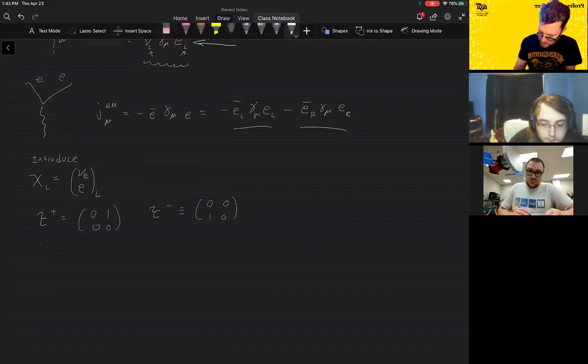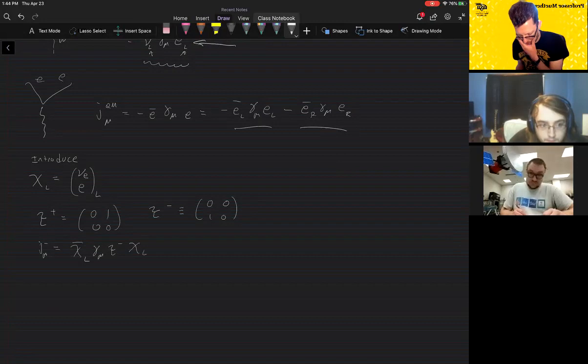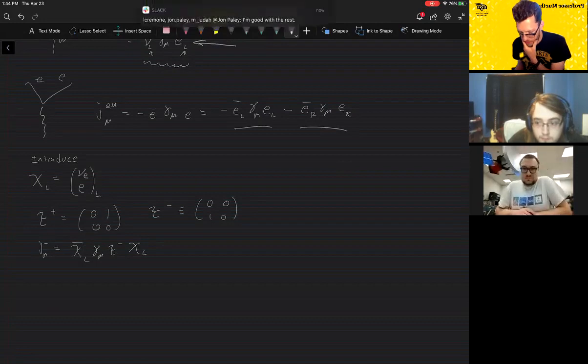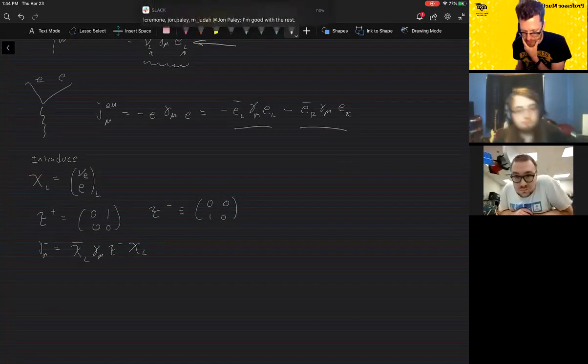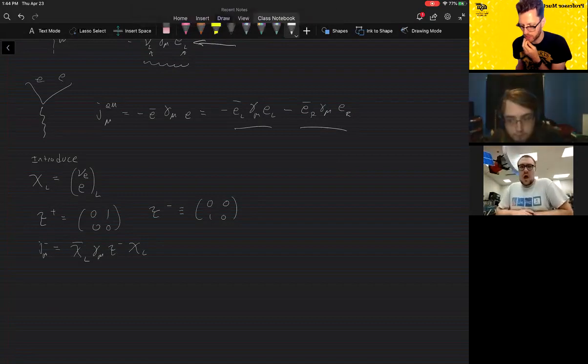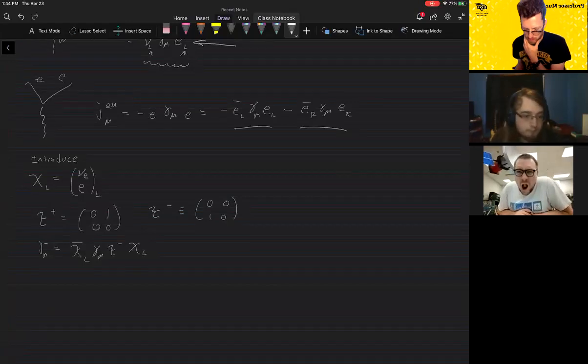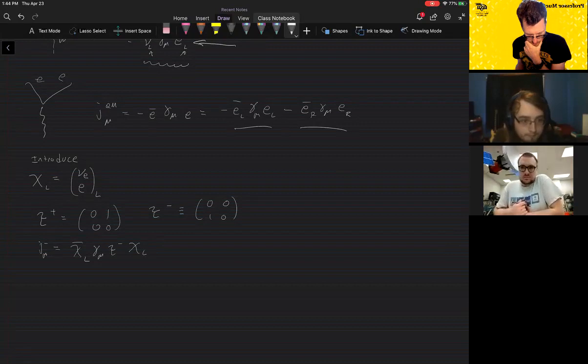J mu minus is equal to chi bar L gamma T minus gamma L. So basically I have a way, right? That T term is just a matrix that is going to pick out either the neutrino or the electron portion of that doublet in the appropriate way that I want to insert it. Okay.